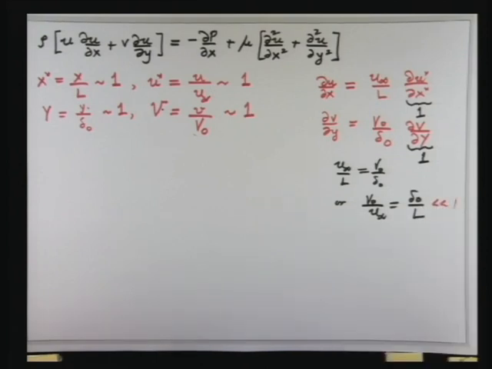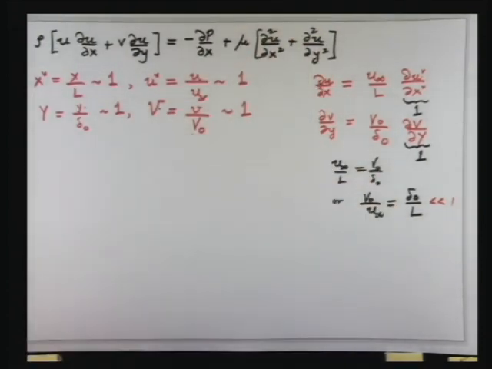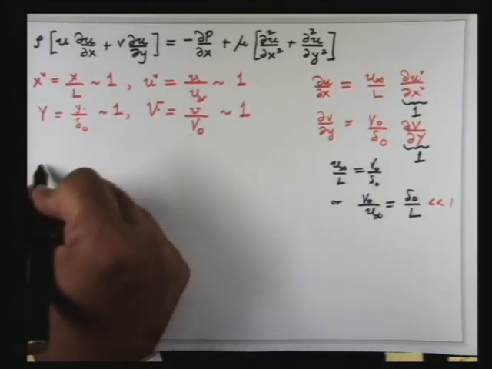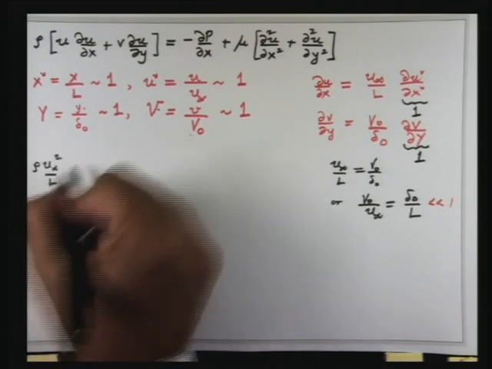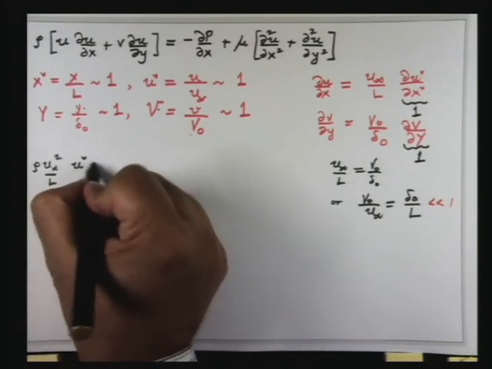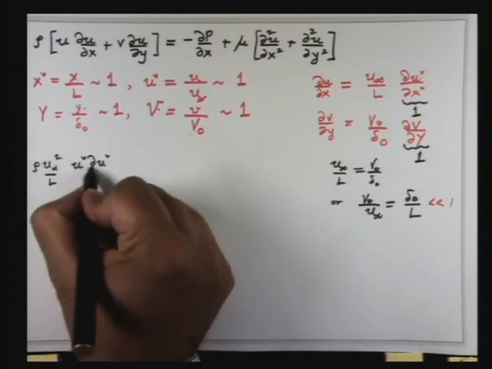Now let us look at this equation and write it in terms of the scaled coordinates, and we will see the advantage of the scaling, introducing non-dimensional variables which are order 1. So this equation I will write as rho u infinity squared by L into u star ∂u star/∂x star.